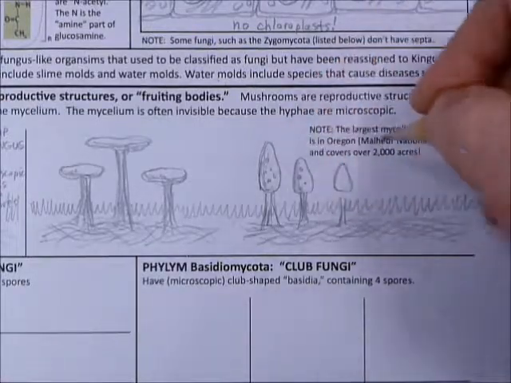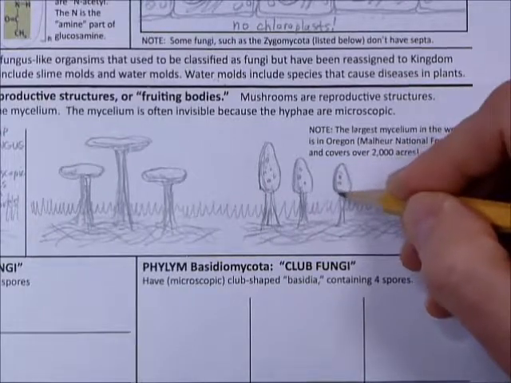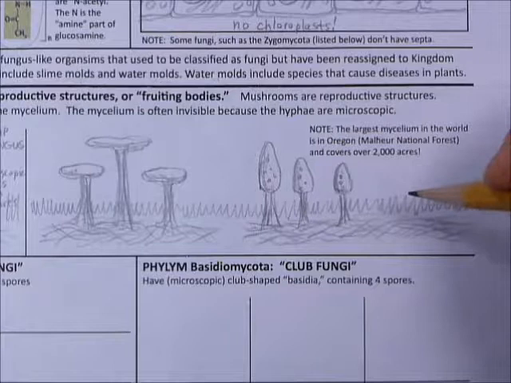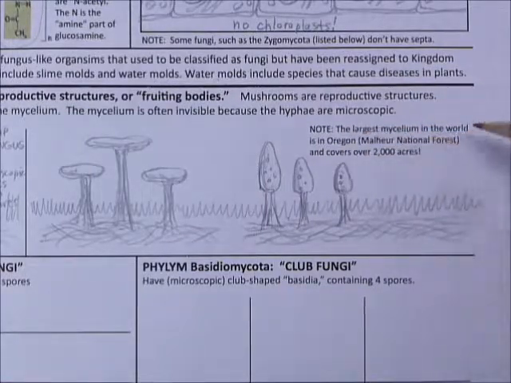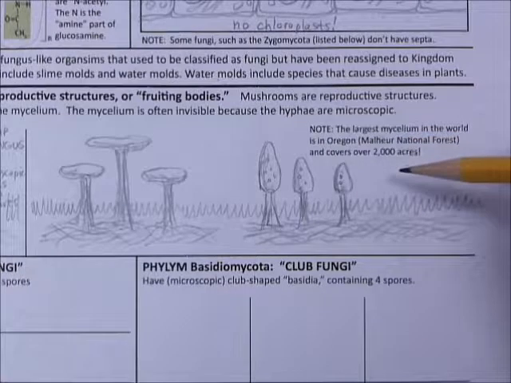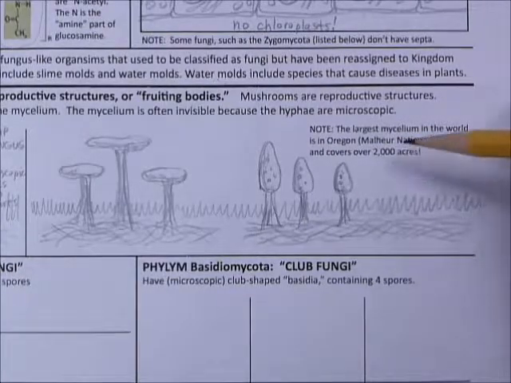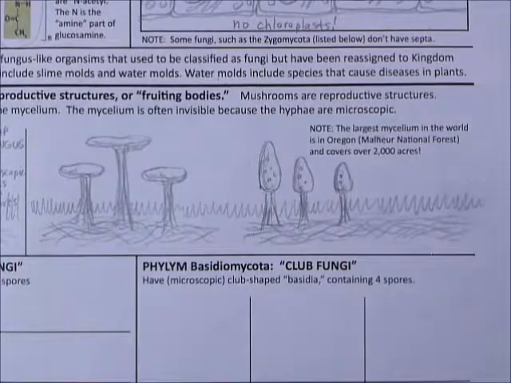And I'm going right under these words here. Might as well mention these words. I put in a little neat trivia fact for you. The largest mycelium in the world, as far as anyone knows, is located in Oregon in Malheur National Forest. And this one mycelium covers 2,000 acres. So practically all the mushrooms in the park are all related.